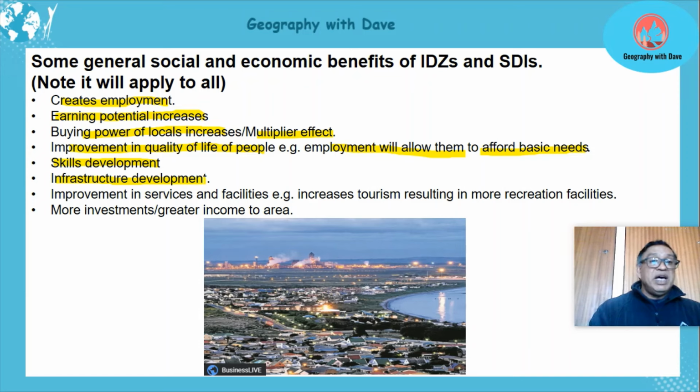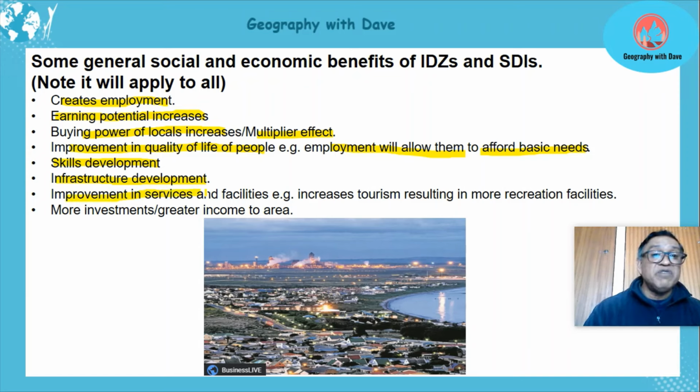Infrastructure development: transport networks improving in the area, facilities, banks, whatever will be developing in the area. But specifically with infrastructure, your transport, your power supply, those things will be improving in the area, making it good for everybody to attract investment.